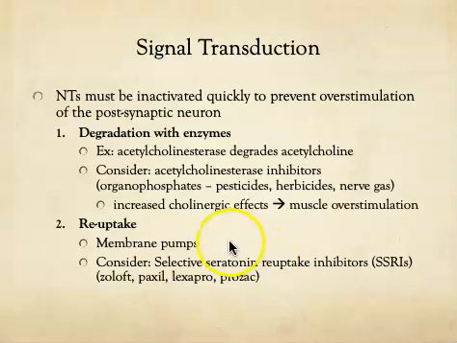So the idea is, if there's not enough serotonin being released into the synapse, one of the ways we can treat that is by allowing that low level of serotonin to at least stay in the synapse longer. And that's achieved by inhibiting its reuptake. So normally, serotonin gets pumped out of the synapse very quickly and back into the presynaptic neuron.